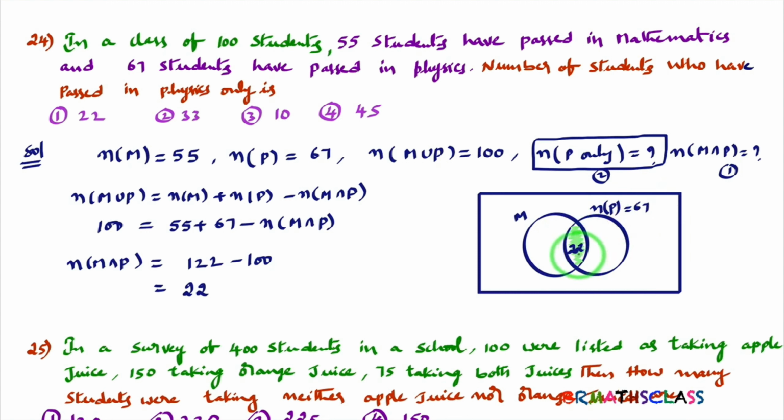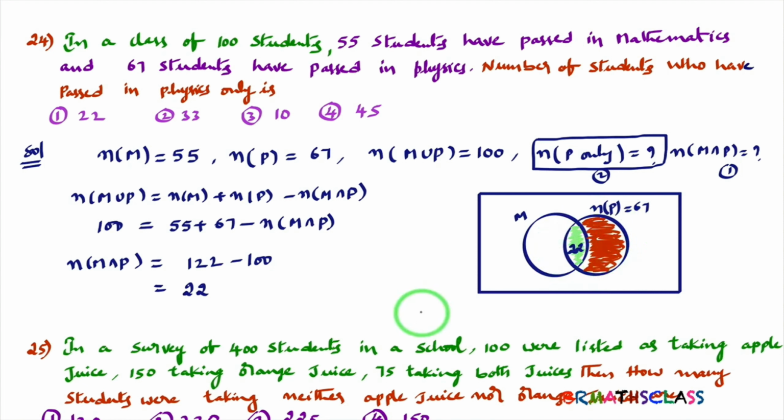So physics only means which part? You observe this red color part. What is this red color part? That red color part is the number of students who passed physics only. What is this green color part? The number of students who passed in mathematics and physics both. So we want this red color part. How will we get it? We know that this full circle is 67. They gave that information. From this 67, if I remove this 22, I will get this part only.